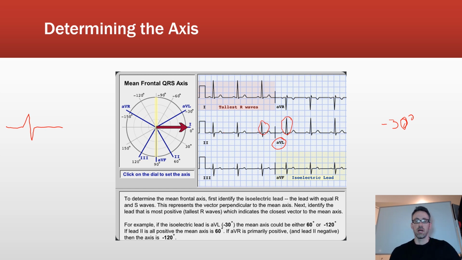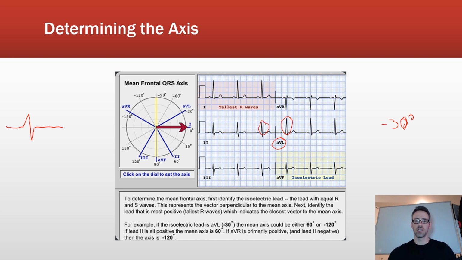If it has an upright and a downward going deflection that are equal and opposite, that actually represents a lead that is perpendicular to that average or mean vector, that mean electrical force that's moving through the ventricle. So that means that lead is positioned in a place that is perpendicular to the average electrical force moving through the ventricle.